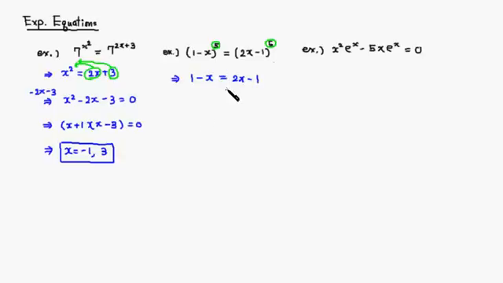All right, so I'll try to put all the terms that have x on the left. I'm going to move this 2x to this side, and I'm going to move 1 to the other side. We can do that by subtracting 2x from both sides first.